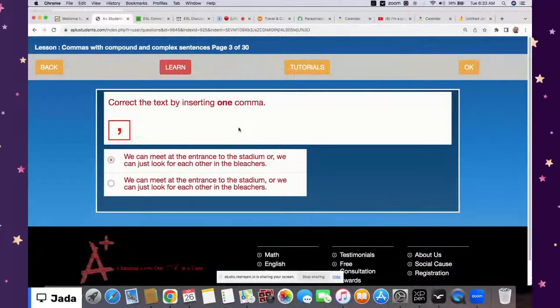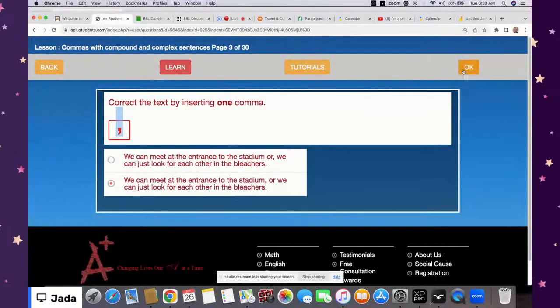If you look carefully, you can see that this is a compound sentence, which of course is gonna have a comma before the coordinating conjunction.